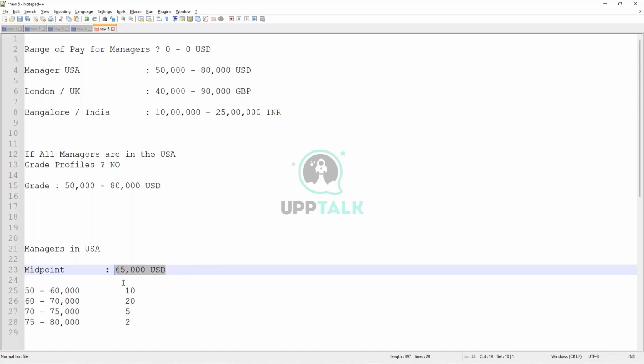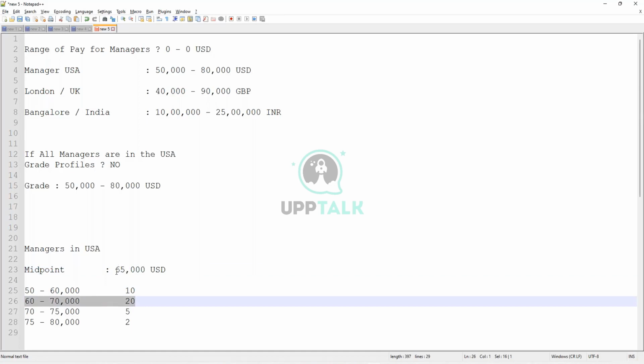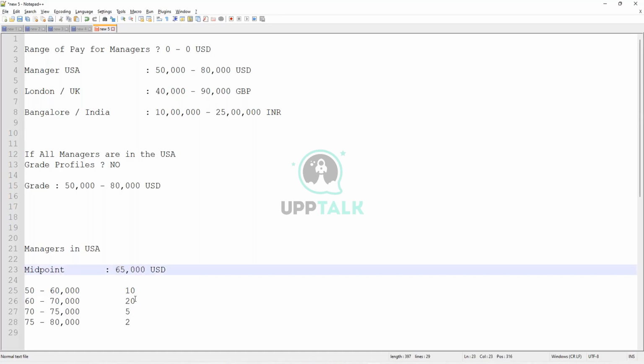The people who are 60 to 70 are very close to the $65,000, correct? Maybe some of them are actually at $65,000. And then these 10 people are definitely below $65,000, isn't it? So the vast majority of people are either at the midpoint or below the midpoint. So this organization is paying a bit low right now.